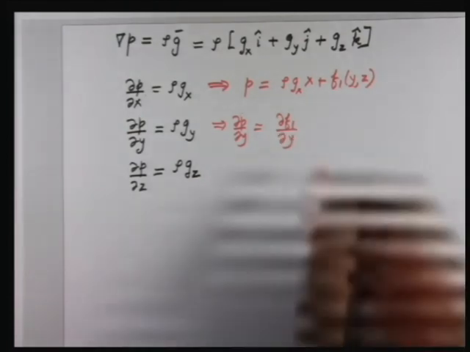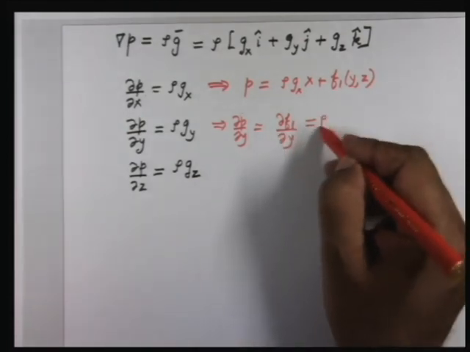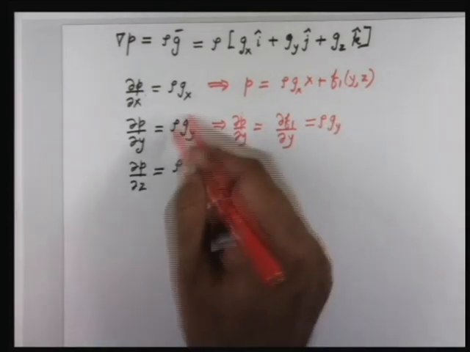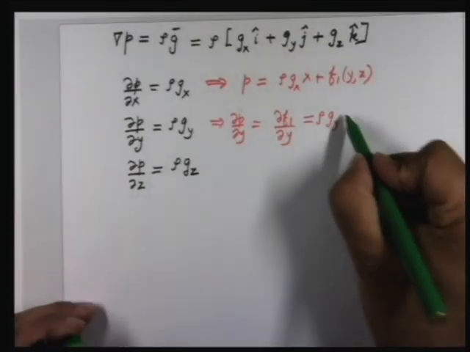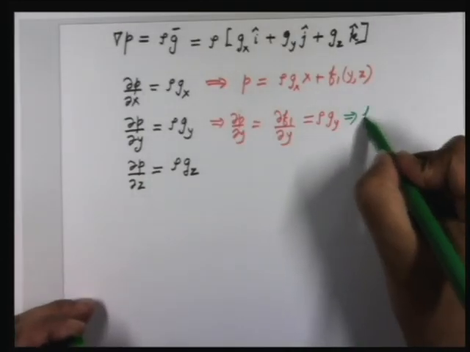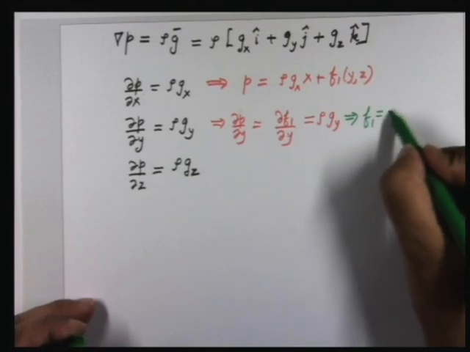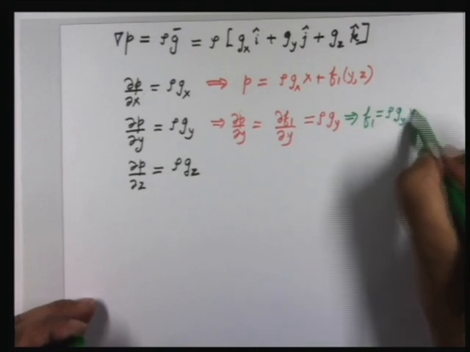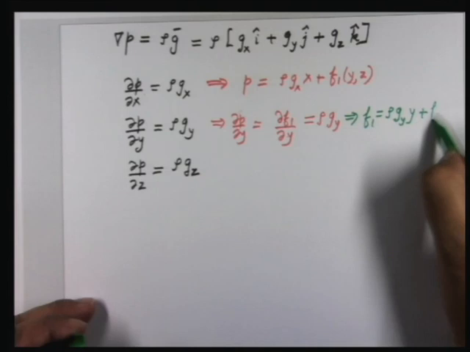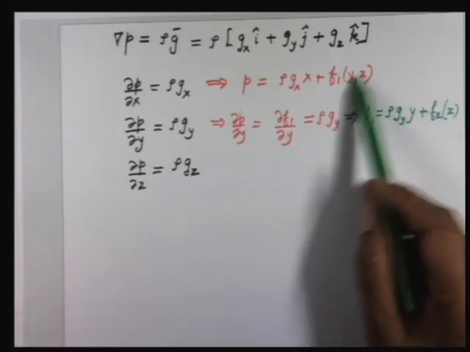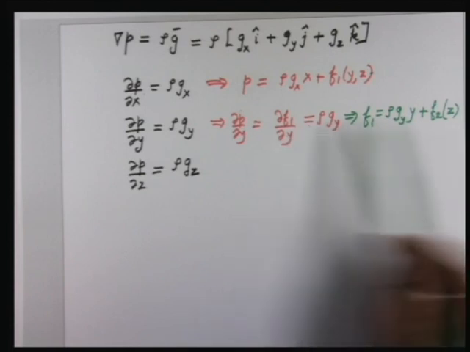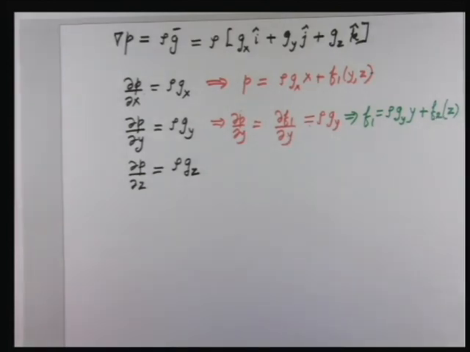So this must be equal to rho gy, what you have on the left hand side of this equation. Now, if I integrate this with respect to y, you are going to get f1 is equal to rho gy y plus some f2 of z. Because this was a function of y and z, and I integrated partially with respect to y, this was a function of z only.